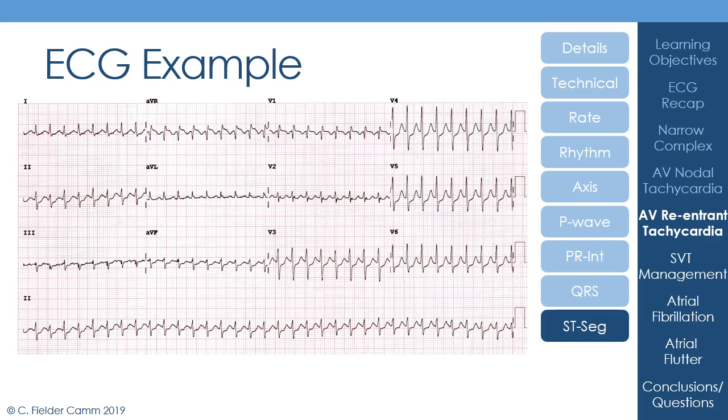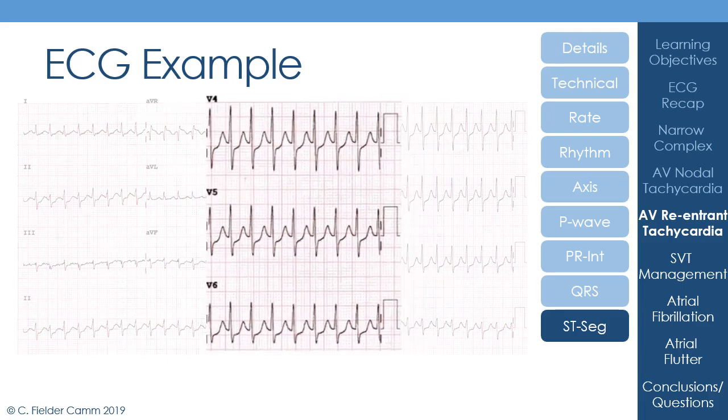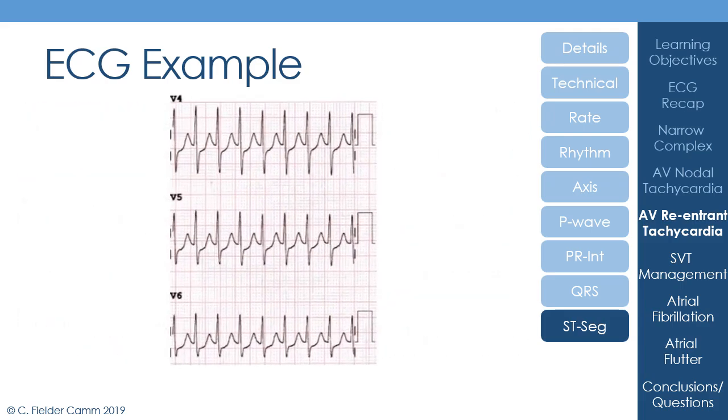So don't forget to go through the rest of the ECG. It's very tempting once you've found a finding, like we have here, to say, fantastic, I'm done. But actually, look at these ST segments. They're not normal. There's quite significant ST depression in these lateral leads.